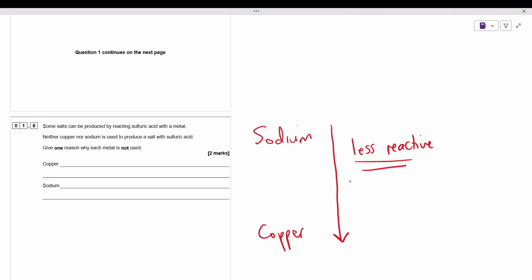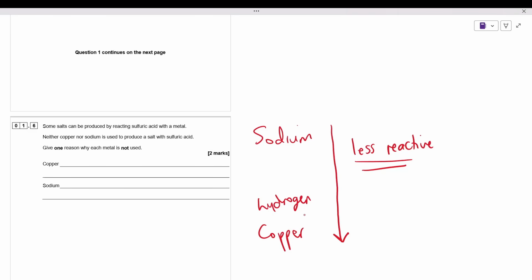And we also know that hydrogen is somewhere here, right? Which means, therefore, that copper is unable to displace hydrogen. And if it's unable to displace hydrogen, it will not react with the acid, right? Because remember, we mentioned this before.